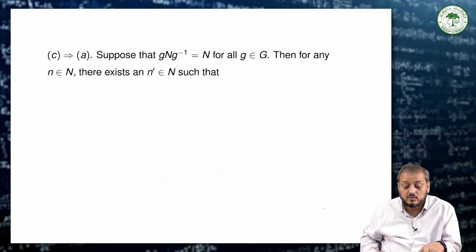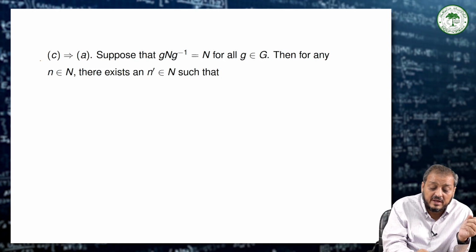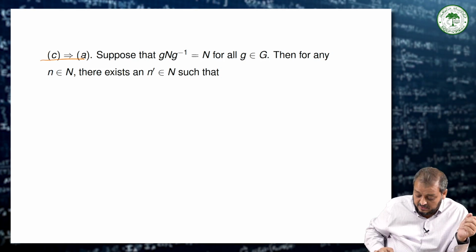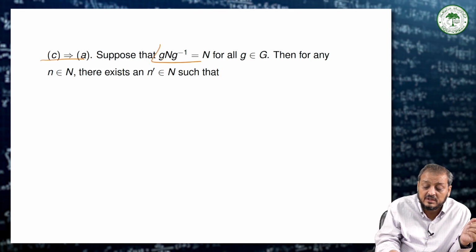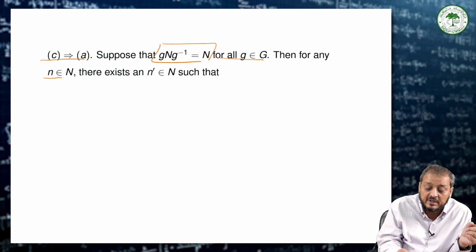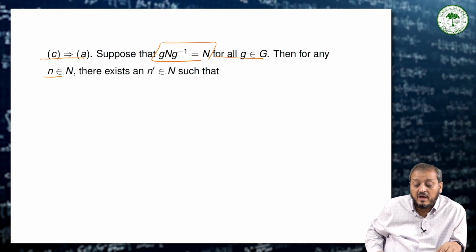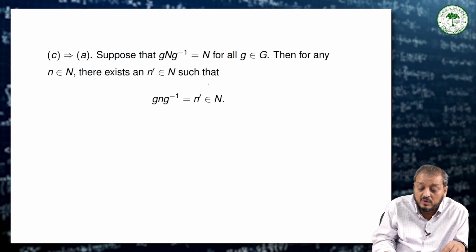So if these two hold, then we can say that now C implies A. We have to just say that suppose gng⁻¹ is in N for all g, then for any n there exists some n' in N such that gng⁻¹ is equal to some n'.